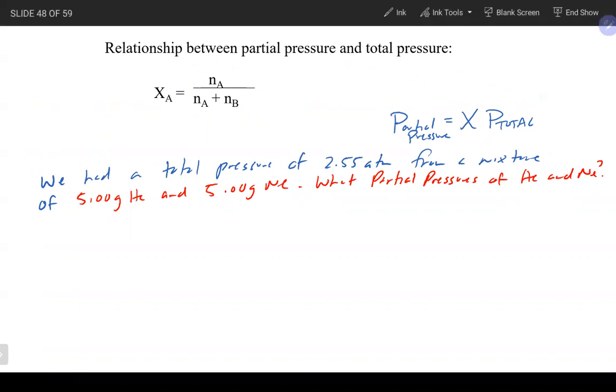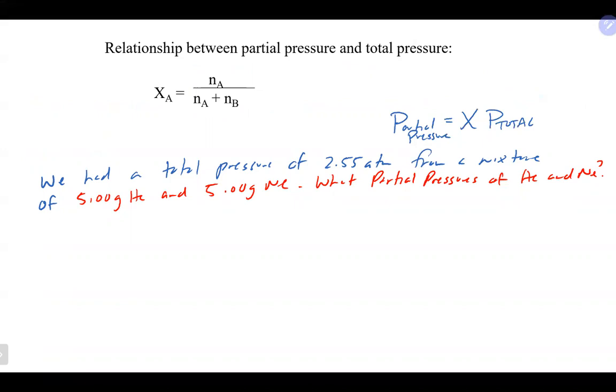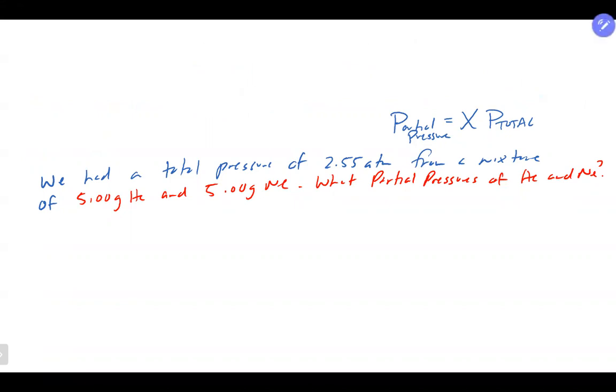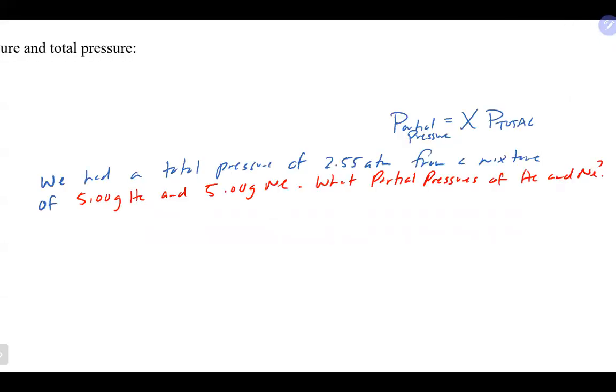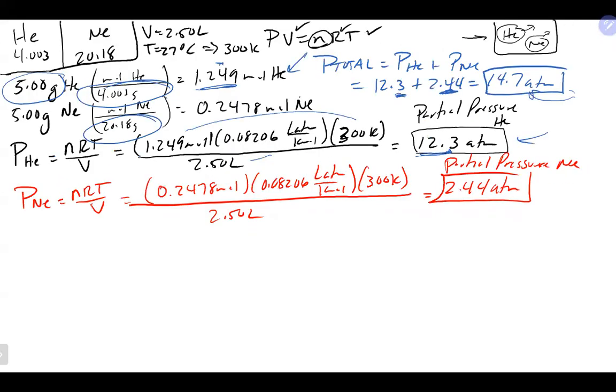So in this particular case, we will use the moles of helium and the moles of neon in the previous problem. So maybe we'll just steal the numbers there. Yeah, so we'll just steal the same numbers since we calculated earlier.